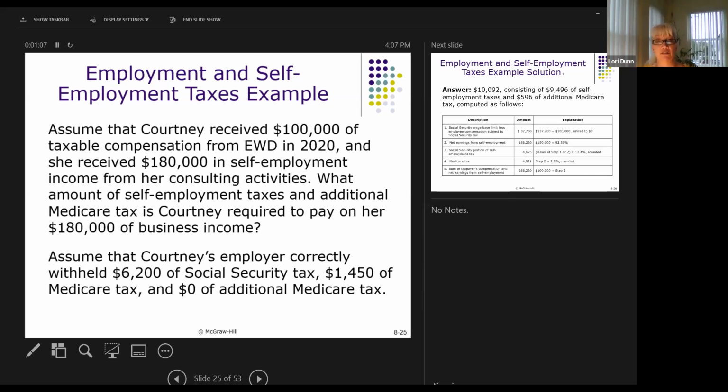Assume Courtney received $100,000 of compensation from EWD in 2020. So she paid Social Security tax and Medicare tax on that $100,000 of compensation from her employer. She's also self-employed and she has $180,000 of profit from her self-employment. Remember, usually all of that is subject to self-employment taxes. How will she figure out her self-employment tax?